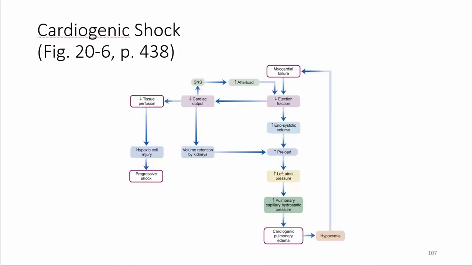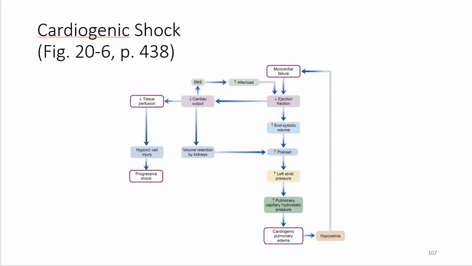So again, myocardial failure, less stroke volume in ejection, increased end systolic volume, which then increases the preload, more pressure in the atrium, then it backs up to the pulmonary.